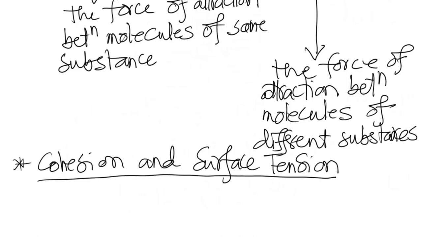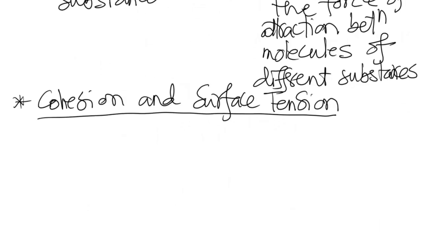Now, how do we define this surface tension mathematically? The surface tension is defined as the force per unit length acting on both sides of an imaginary line drawn on the liquid surface at rest. The direction of the force is tangential to the surface and perpendicular to the line that is imagined.